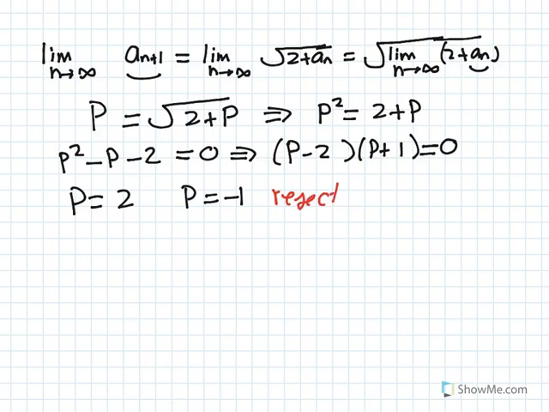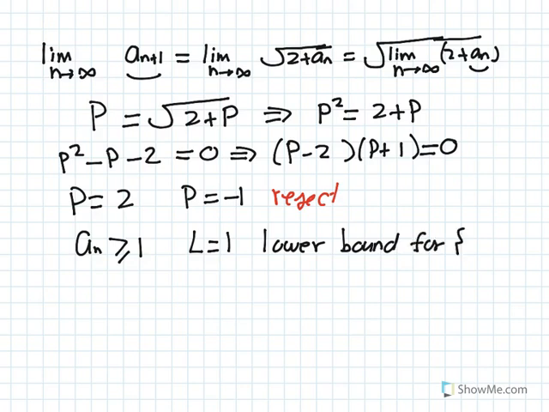Why is that? Because we know that a_n is larger or equal to 1, because L equals 1 is a lower bound for the sequence a_n. So we accept P equals 2.